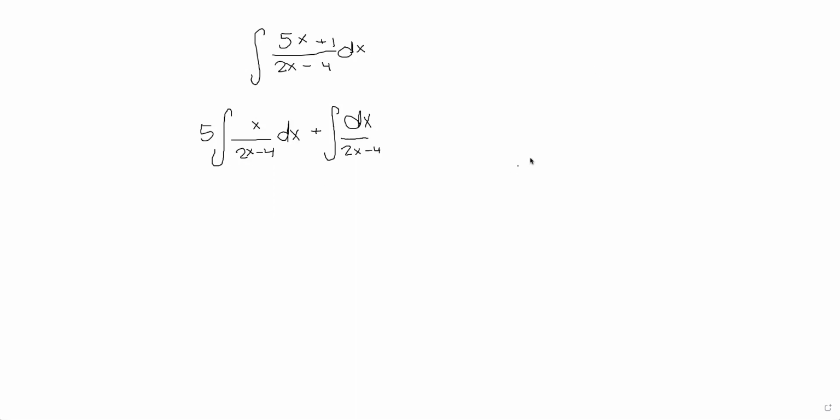So instead of a 2x minus 4, let's go ahead and change that into a 2 times the sum, or I should say the difference, x minus 2. It's equivalent to 2x minus 4. So let's go ahead and work some magic and simplify it in this way. And you might be wondering, why is that useful?